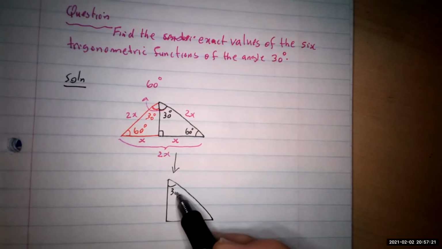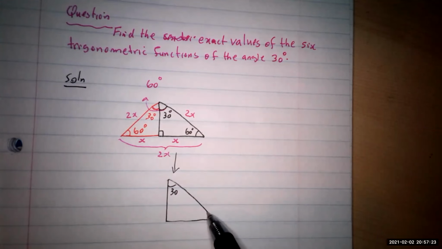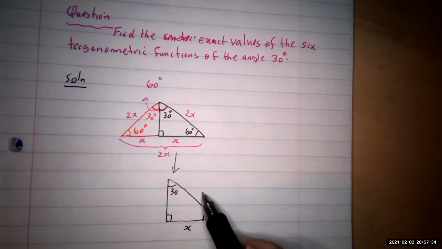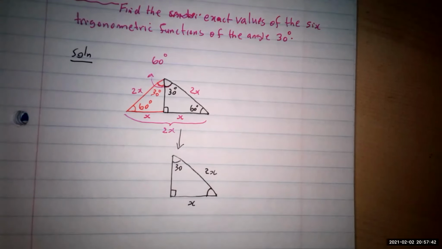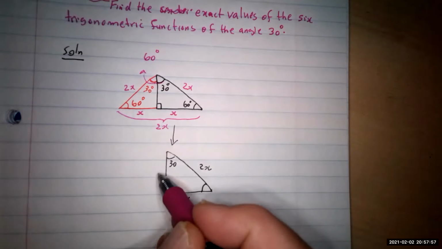This is 30 degrees again, so this is going to be x, and this is going to be 2x. Now we are ready to define the sine, because we have the opposite side and the hypotenuse. If you take this one, x over 2x, we can even find this one.